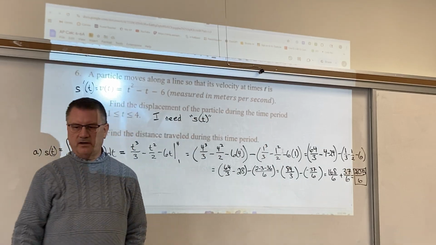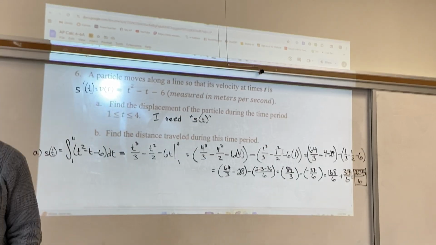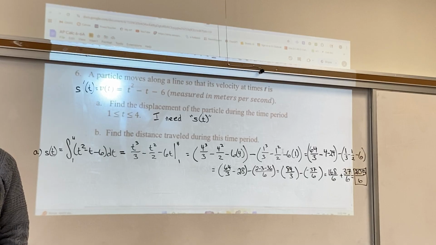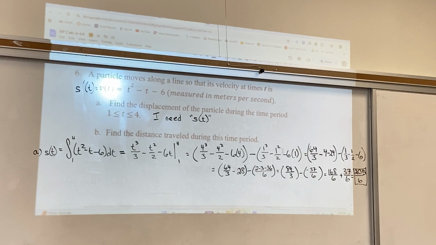Of course, if you have your calculator, you can. Does that look right? Does it? So I got something slightly different here. 64.